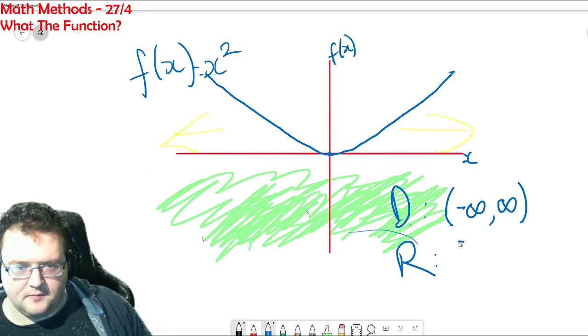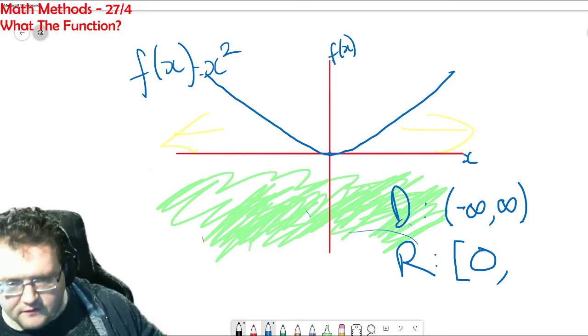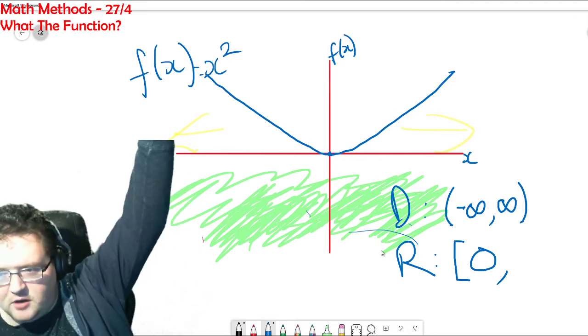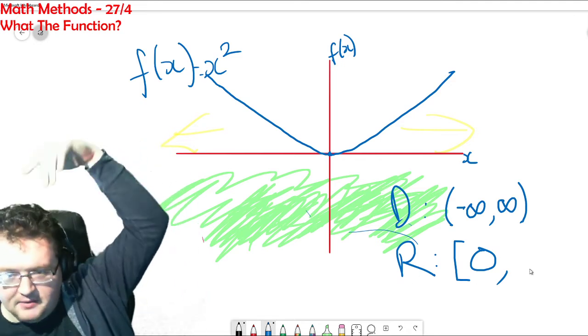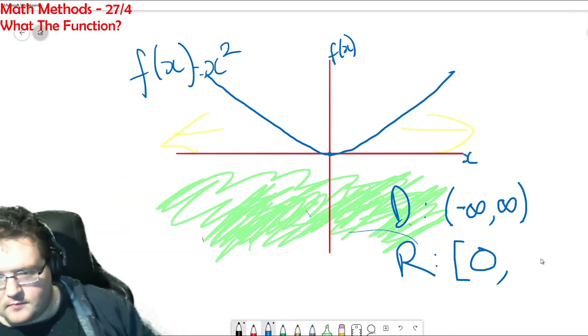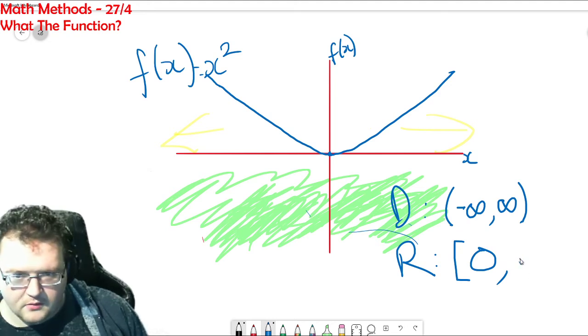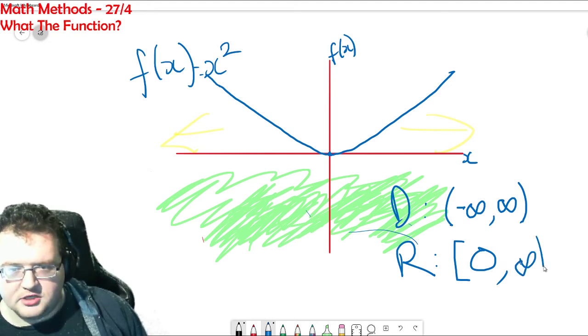It starts at 0. And at what possible values can I have all the way at the top? Yep, I can have, now is that infinity positive or infinity negative, Ali? So it's 0 to infinity, and then I use a nice curved bracket around the end there.